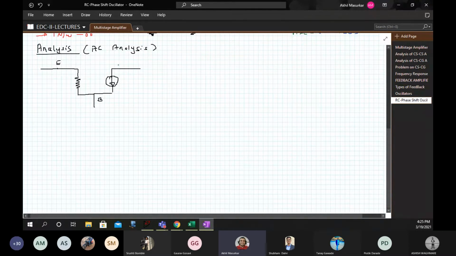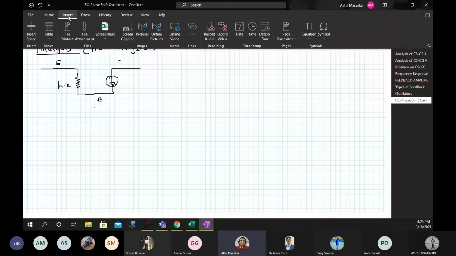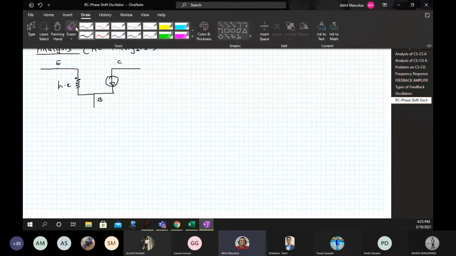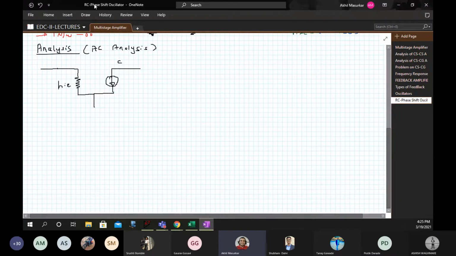This is base and this is collector. So here this is our HIE. Sorry, I just made a mistake, very sorry for that. This is my base and this is my emitter.